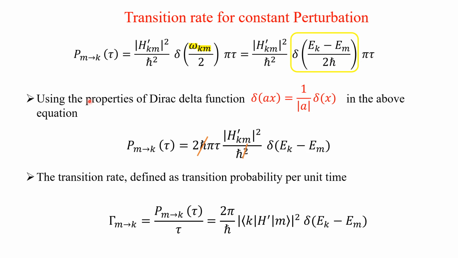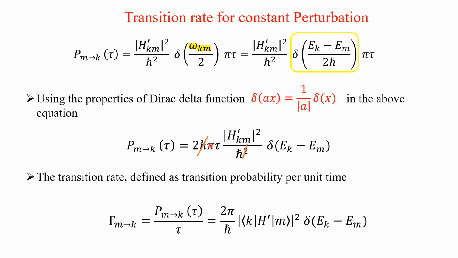Using the property of the Dirac delta function, that is delta ax is equal to 1 over modulus a into delta x, here a is 1 over 2 h cross. That means 1 over 2 h cross will become 2 h cross, so it will come into the numerator using this property.